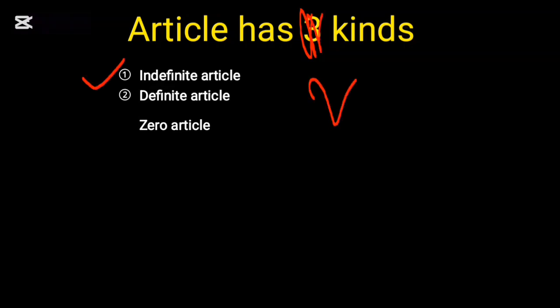Number one is indefinite article, number two is definite article, and the third one, zero article, is not an article type but it is very important. You might have a lot of questions from this in your school exam and IELTS exam, as I have seen. So let's get started with indefinite articles.